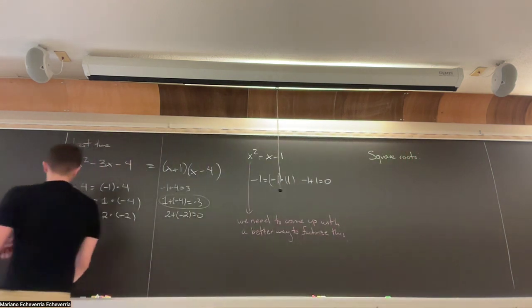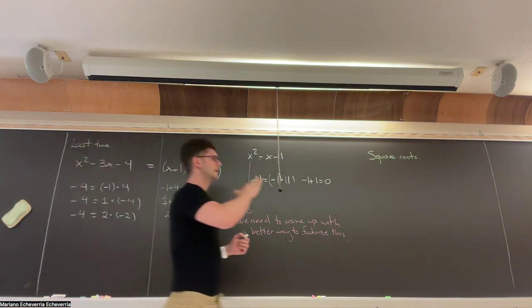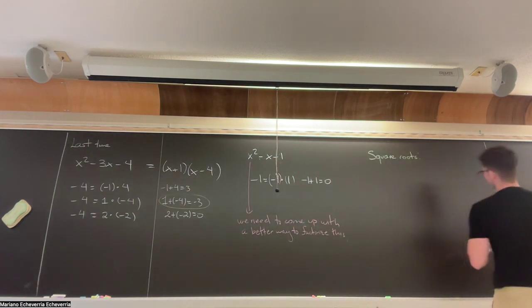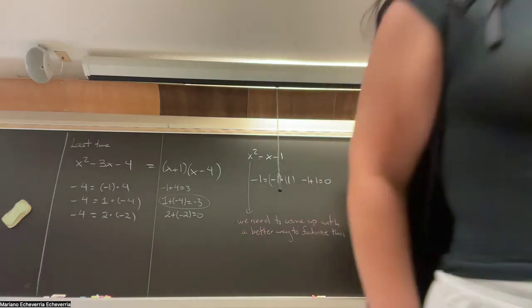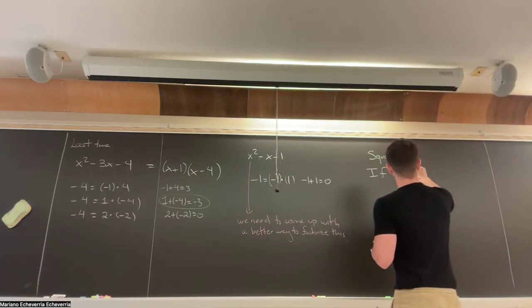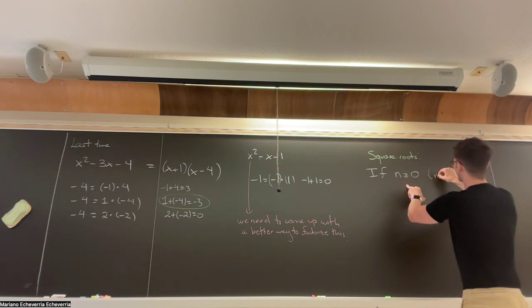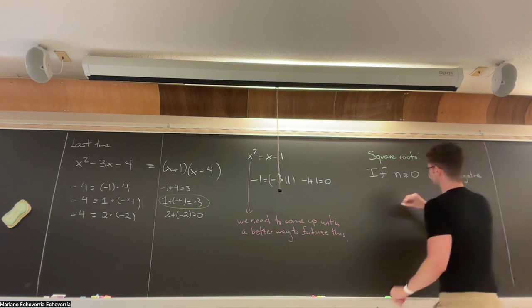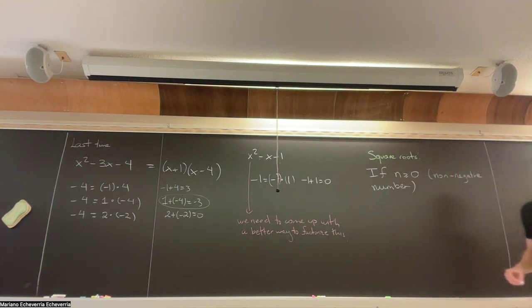So for a square root, I'll start with something well defined for positive numbers. Say n is a non-negative number.